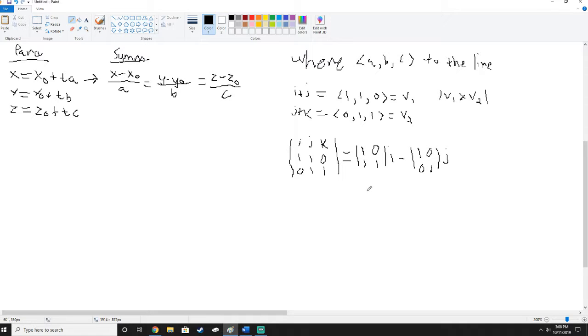So for our i coordinate, we have 1, because we have 1 times 1, and subtract 0 from 1. Well, we just have 1 for our i and 1 for our j.